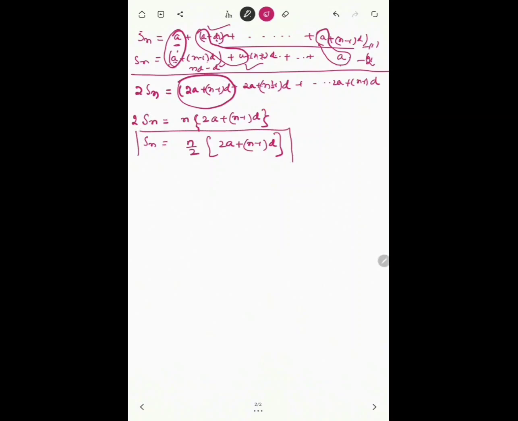Sum of n terms of an AP. This much we have done in class 10.